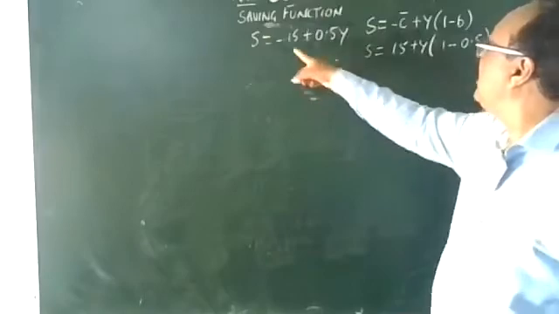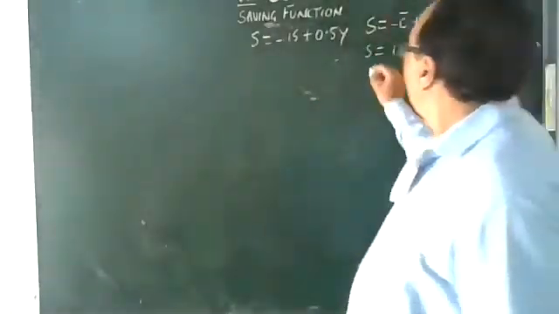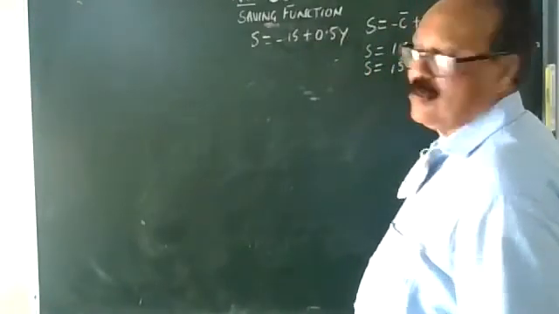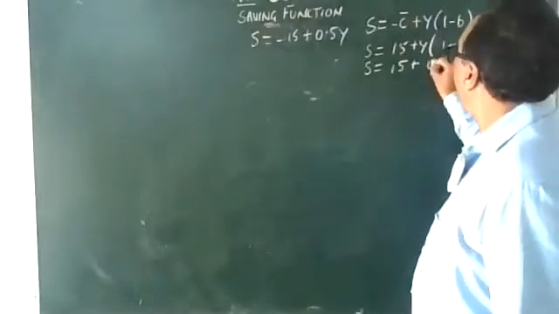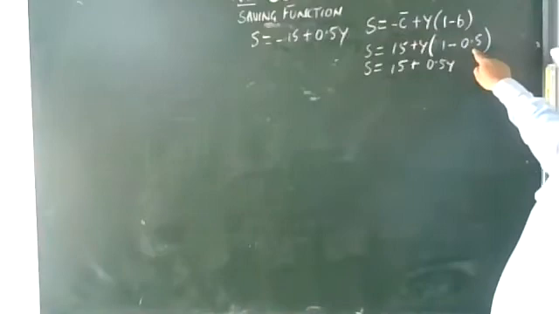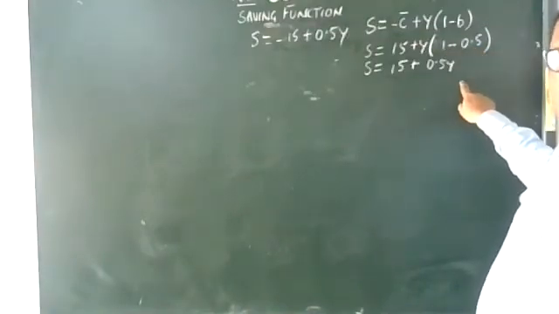So substituting these values in the real formula, this is what we get. Further, S is equal to minus 15 plus what will it be? 0.5Y, because 1 minus 0.5 is 0.5, and 0.5 into Y is 0.5Y.